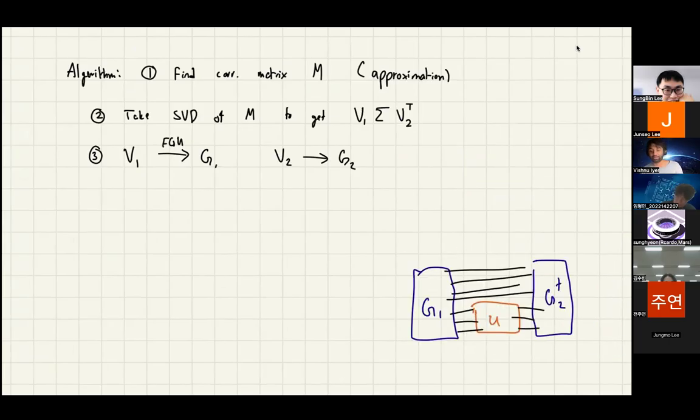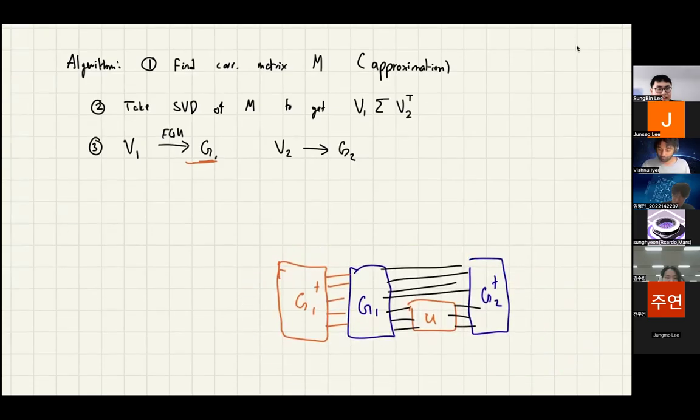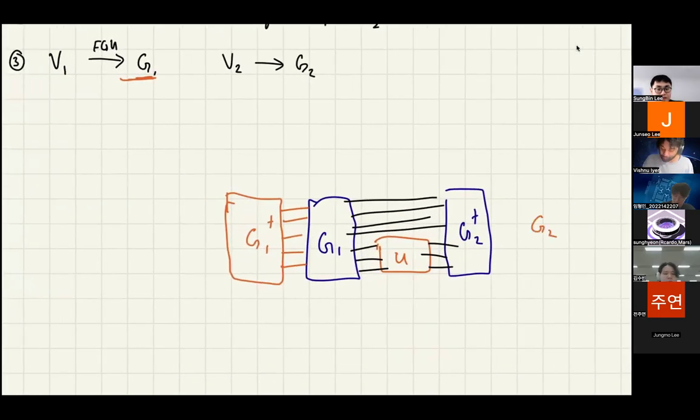And now here's the magic. Okay? Here comes the magic. You're going to take this G1. That's too big. I got too excited. You take G1 inverse. And you're going to take G2 here. Okay?